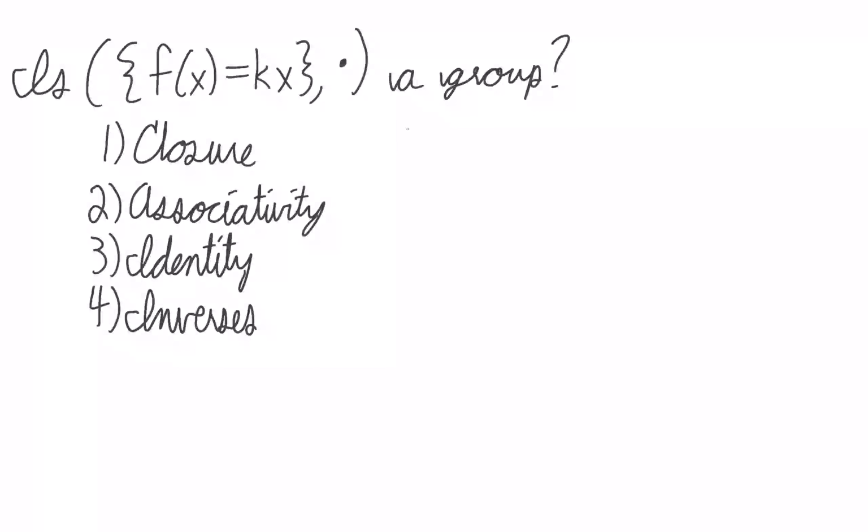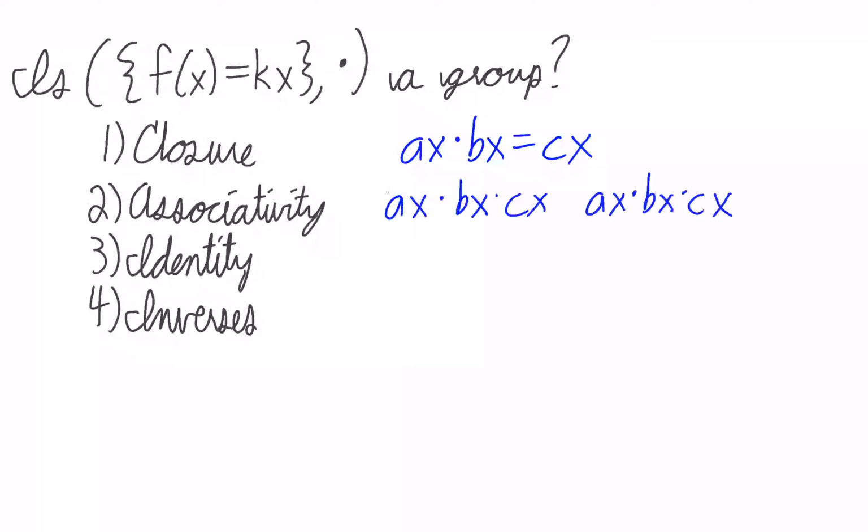So first off, for closure, we need AX times BX to be some other direct proportion CX. For associativity, we need AX times BX times CX to be the same whether we multiply the first two together first or the last two.